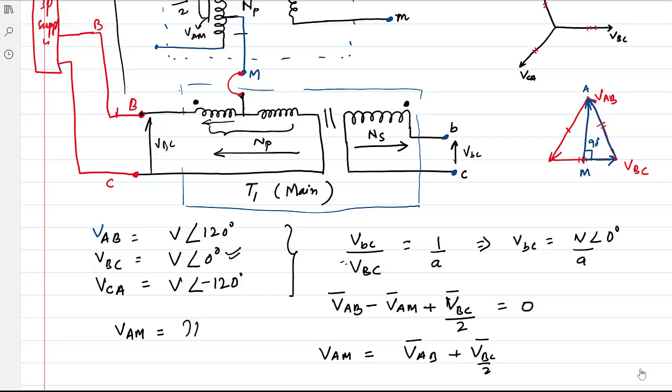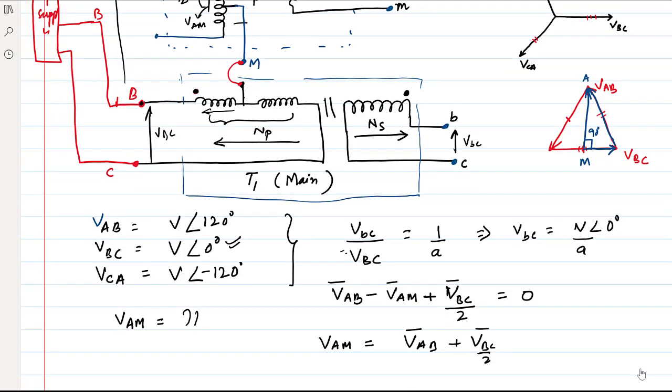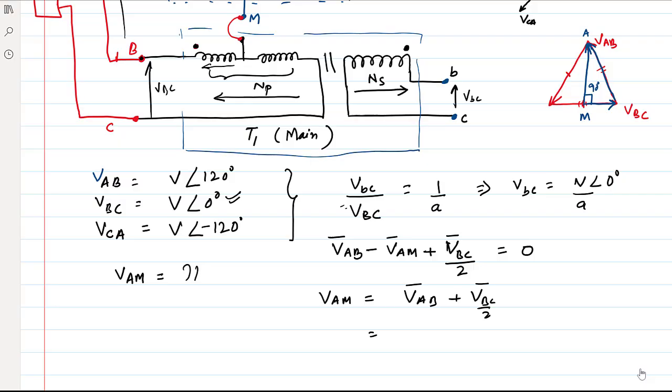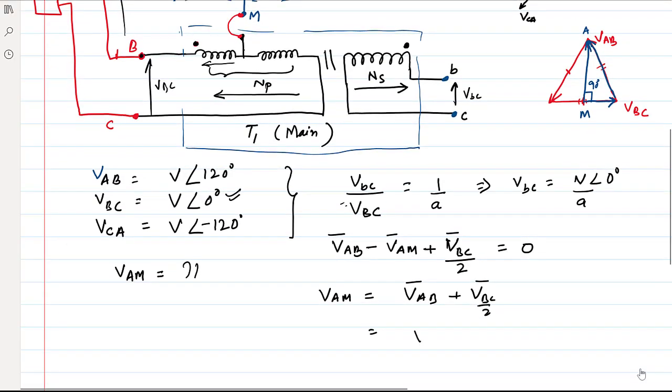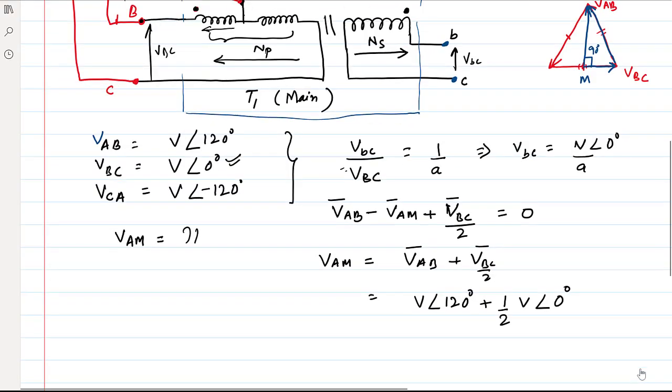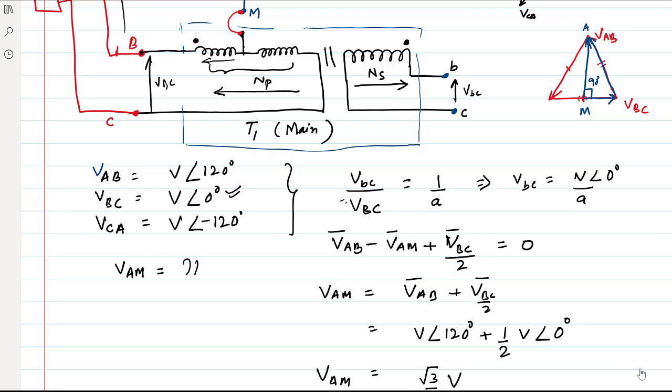So VAM we can write as VAB, which is V at an angle of 120 degrees, plus VBC by 2, which is half of V at an angle of 0 degrees. If you solve it, you will see that this magnitude will come out to be root 3 by 2 of V. You can also see the magnitude by projecting it.